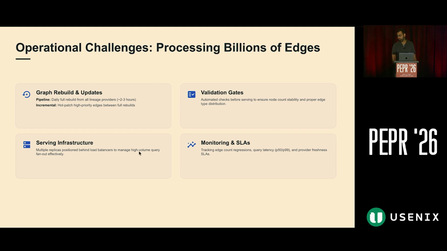We have validation methodologies to make sure the edges and nodes in the graph adhere to the quality bar we have. Likewise, we have a serving infrastructure where we deploy the graph and the machines to multiple layers, and we have monitoring SLAs where we track regressions and latencies and things like that. So these are pretty standard operational principles, but at scale, each of these items is very important.